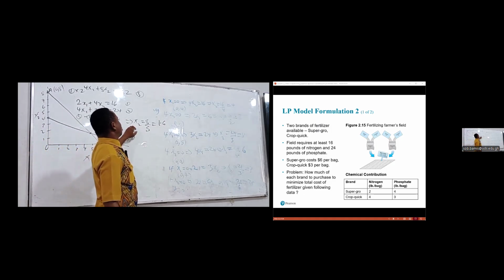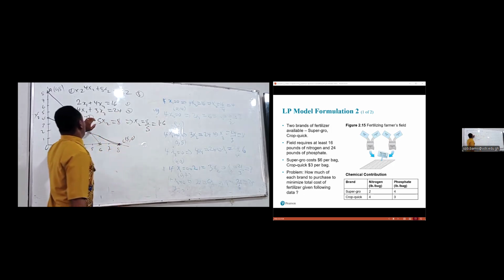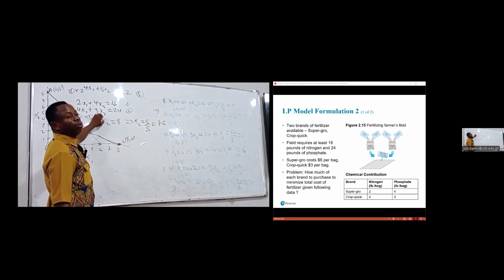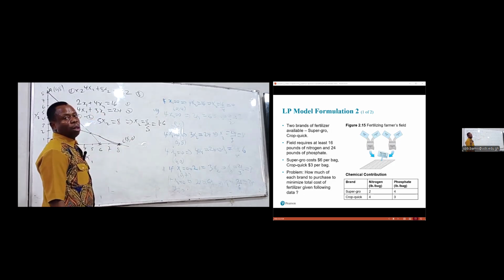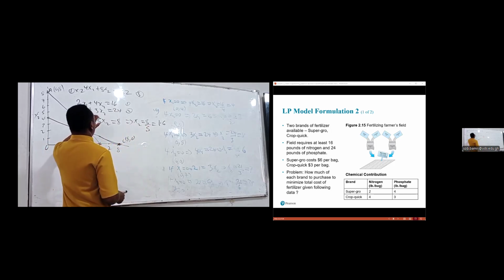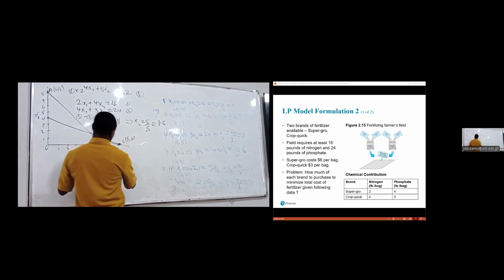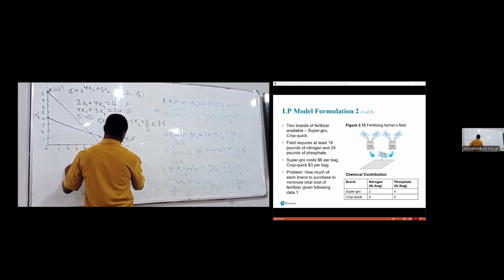Now we know that x2 is 1.6. We substitute x2 in equation 2 to get x1. So substituting x2 is equal to 1.6 in equation 2 will mean that we'll have 4x1 plus 3 times 1.6 is equal to 24.